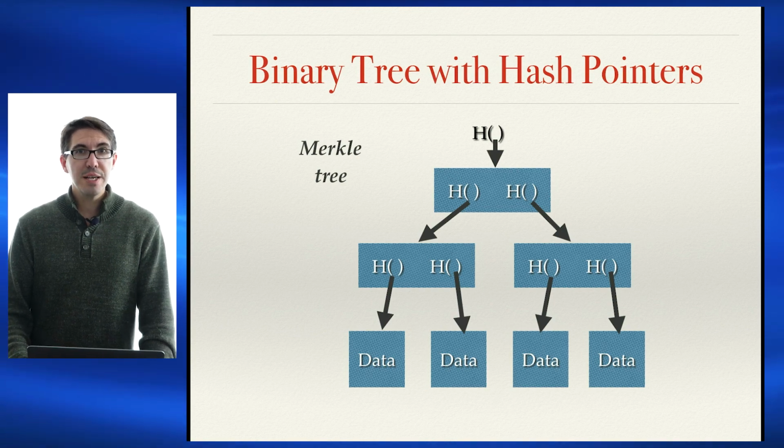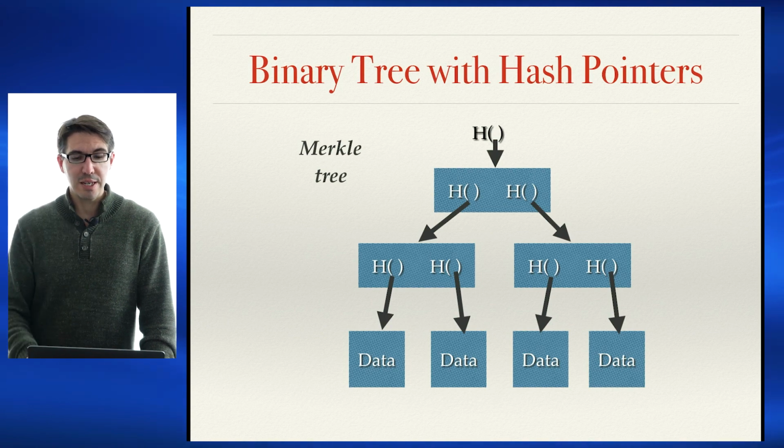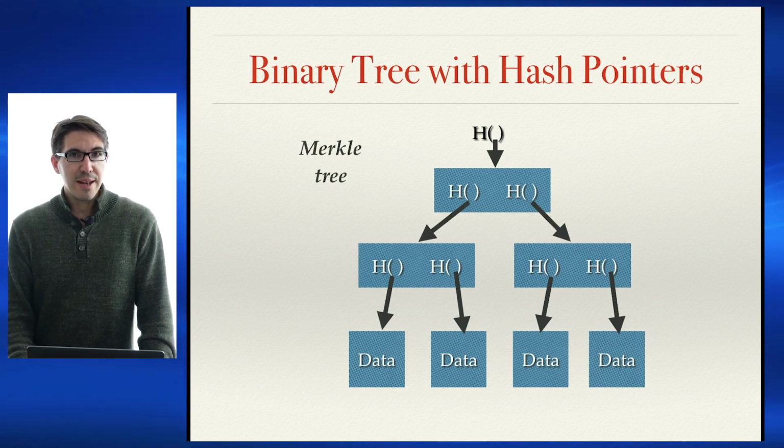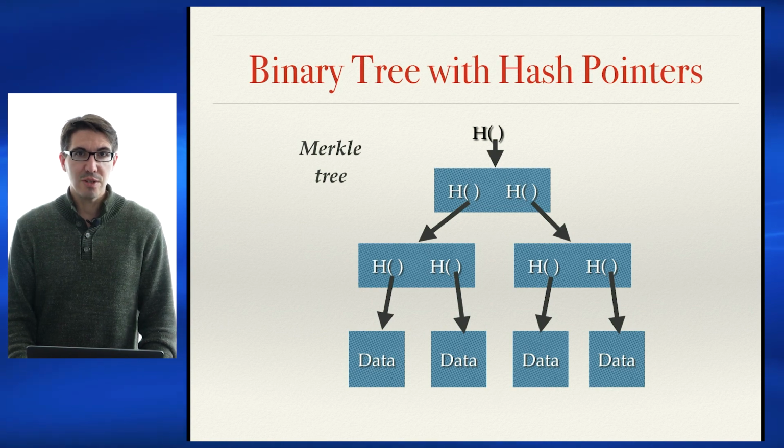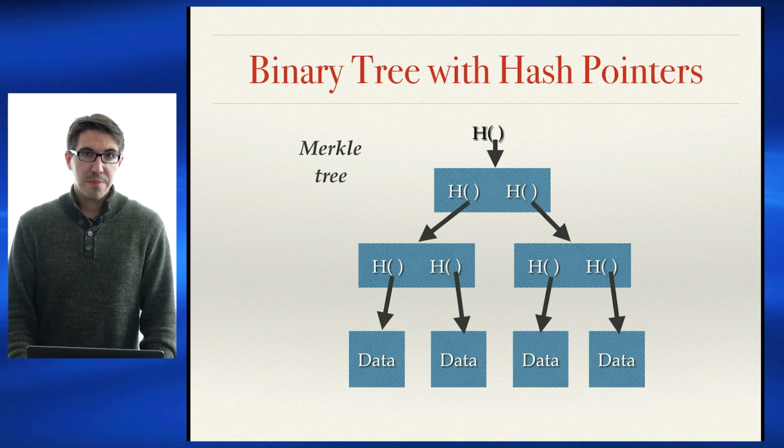A Merkle tree is used quite often in blockchain technologies. It's simply a binary tree, that is, a tree that can have 2 nodes at each level. No data is stored in the interior nodes, only in the leaf nodes.